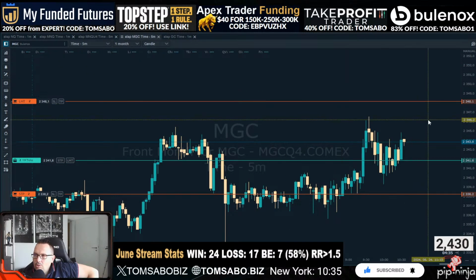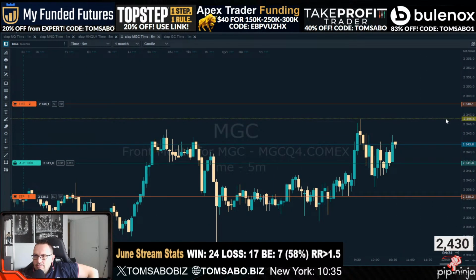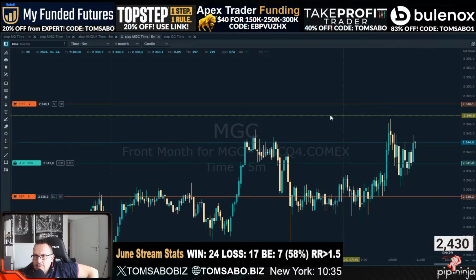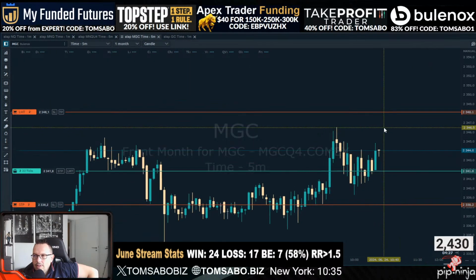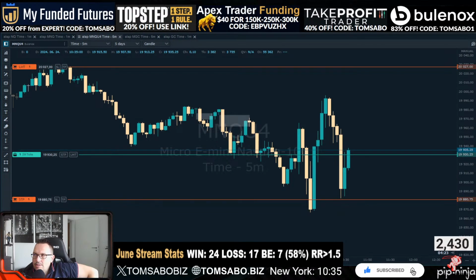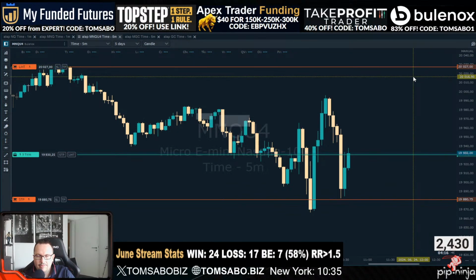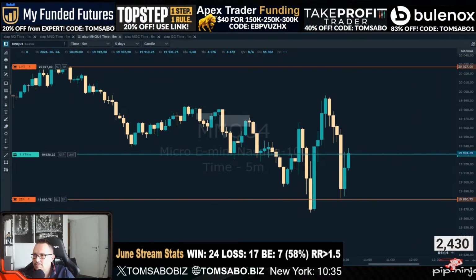And on gold, I'm looking for basically fair value gaps and swing highs, before going lower. So these are my trades. At this very second, both of them are in slight profit, but who knows what's gonna happen.